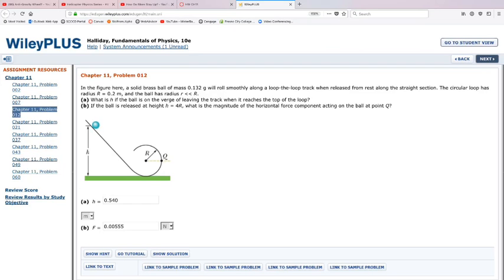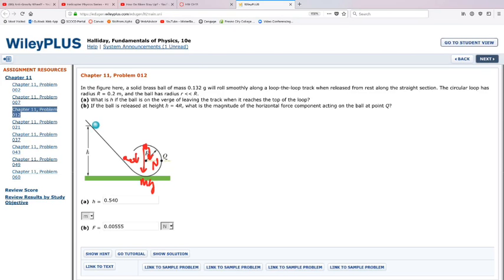When this thing's right at the top of the track, we've done the free body diagram of this before. What direction is the gravity pointing? It's pointing down, isn't it? What direction is the normal force pointing? Down. What direction is the acceleration pointing? It's going in a circle, so there's got to be a centripetal acceleration acting downwards.